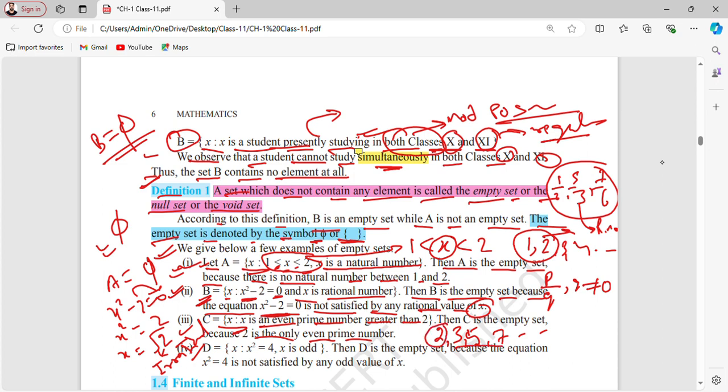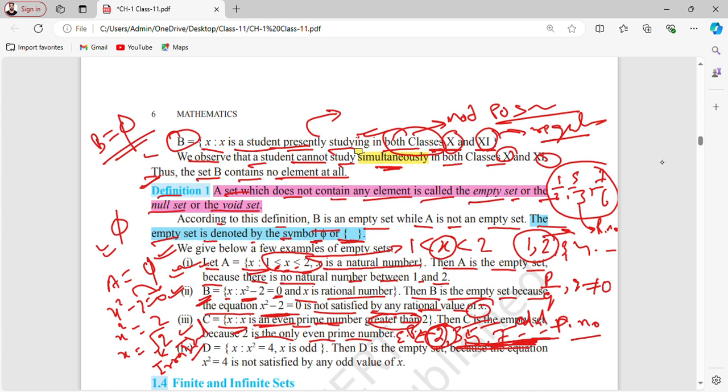Except 2, all prime numbers are odd prime numbers, and only 2 is an even prime number. So in this question, is there an even prime number greater than 2? There is none, so this will also be an empty set.